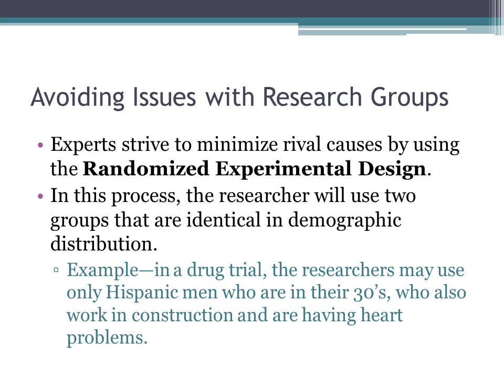Experts strive to minimize rival causes by using the randomized experimental design. In this process, the researcher will use two groups that are identical in demographic distribution. So for example, in a pharmaceutical drug trial, the researchers may use only Hispanic men who are in their 30s, who also work in construction and are having heart problems.